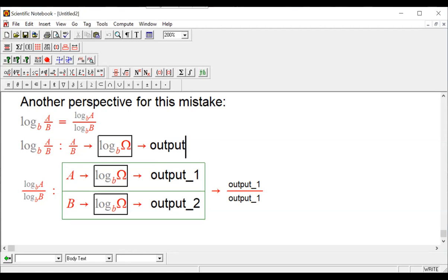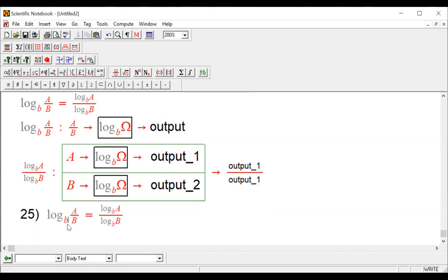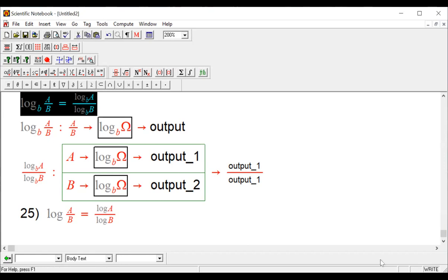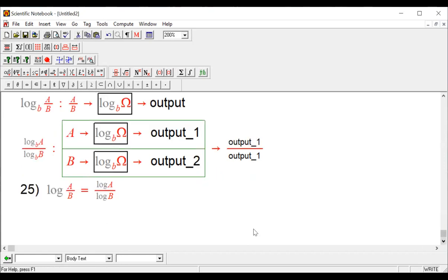All right, now let's look at 25. It is another version of the same mistake, just with base 10. So the same mistake could show up in different shapes and forms.